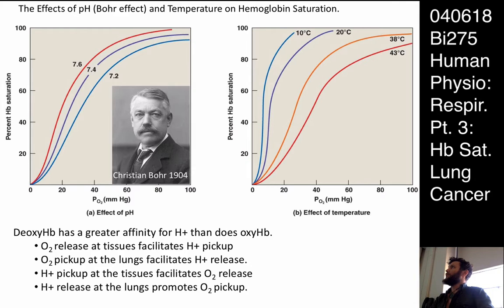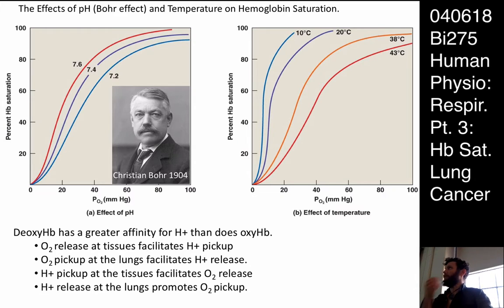pH is what's called the Bohr effect, and this is not Niels Bohr. This is named after Christian Bohr, who was Niels Bohr's uncle or something like that. He was the first person to recognize the effect of pH on the efficiency of the body's ability to transport oxygen.